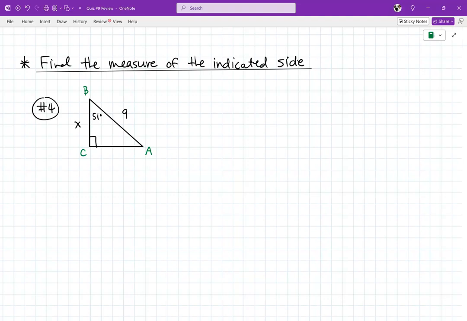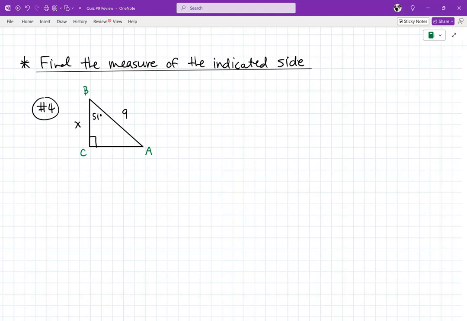We are still going to use sine, cosine, and tangent, but we're just going to be solving for a missing piece. And remember, when I taught it to you guys, I told you there's an easy way and a hard way. The easy way is when the variable is on top of the fraction. The quote-unquote hard way, not that it's definitely hard, but it takes a little more time, is when the variable is on the bottom, okay?